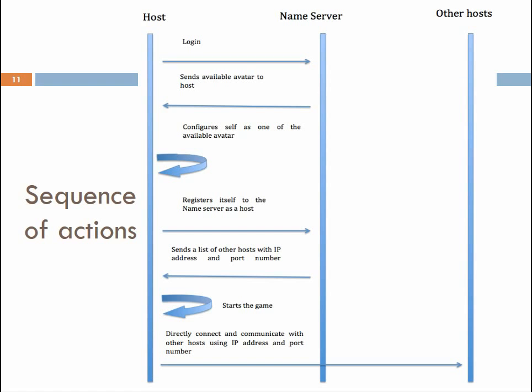This sequence diagram briefly introduces the basic structure of our game and how different nodes communicate with each other. In our game, we will have multiple players in a P2P architecture. We will need a name server only for the bootstrapping, and the function of the server is really simple.